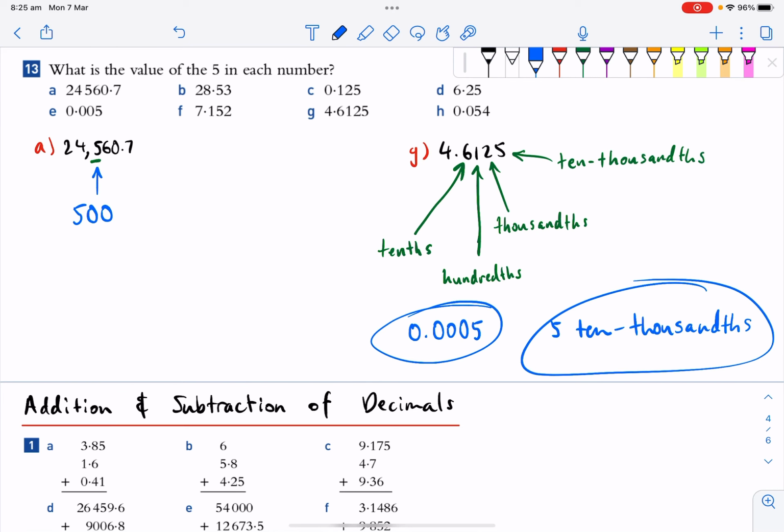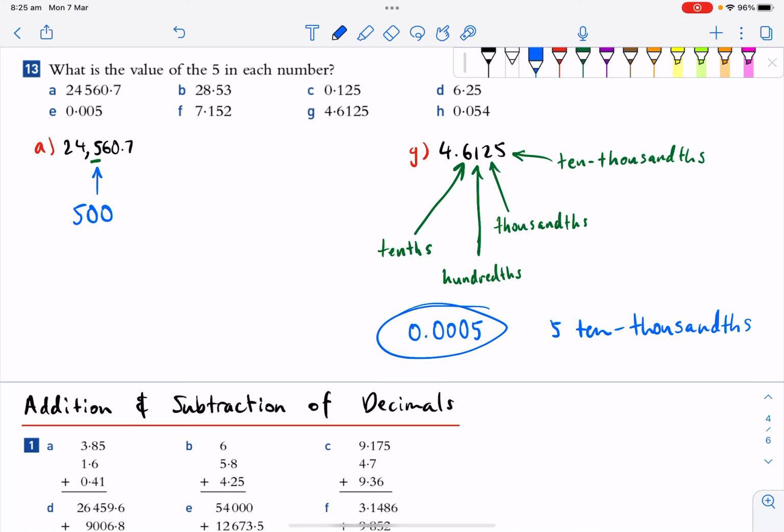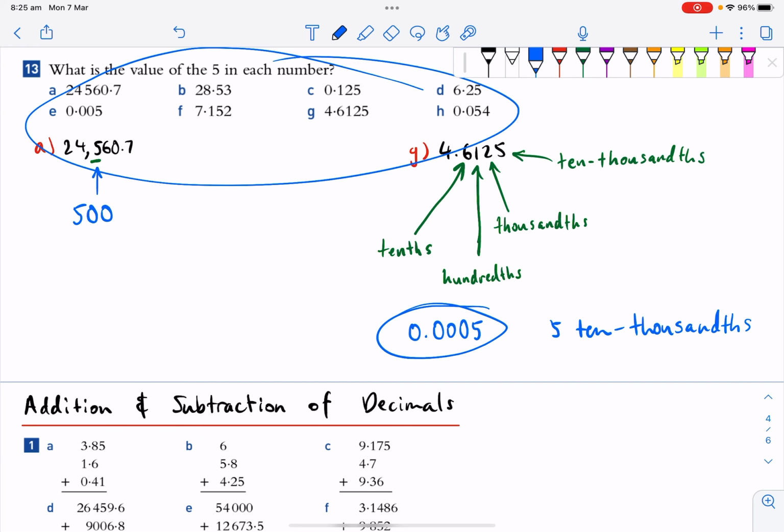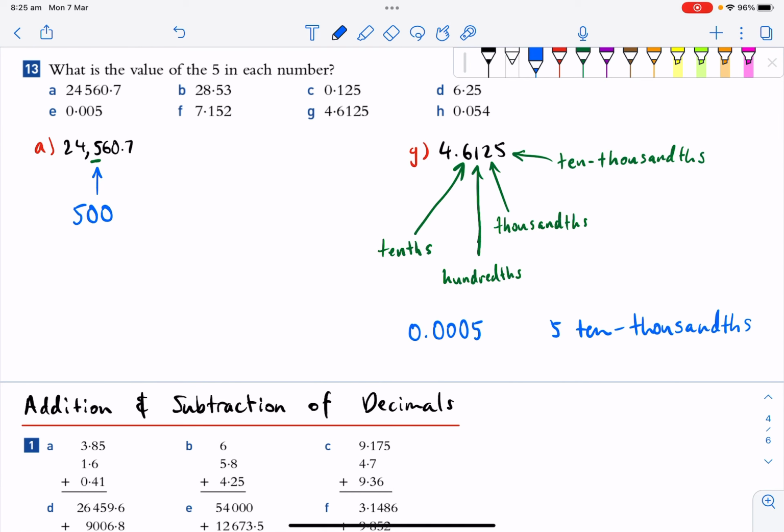So both answer. I'd rather you guys answer this way. So for all of these questions, if you could answer it this way, that would be better. But I'm just showing you all the names of the positions after the decimal place. There's obviously more, but these are the ones that you're mainly going to be using. All right, so hopefully no issues there.